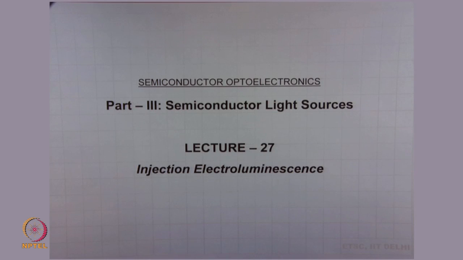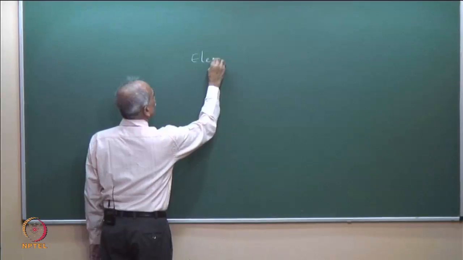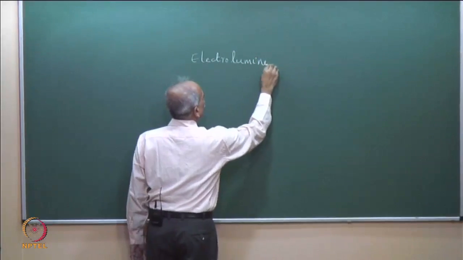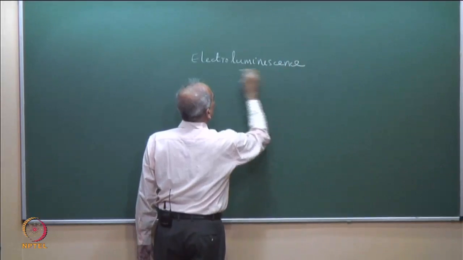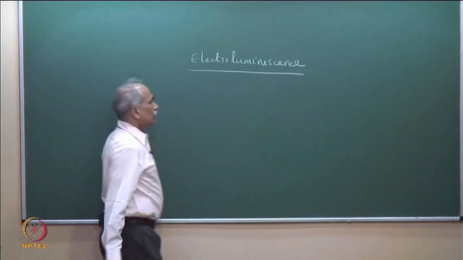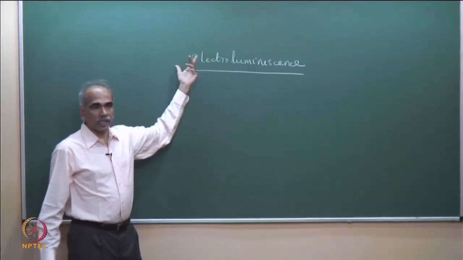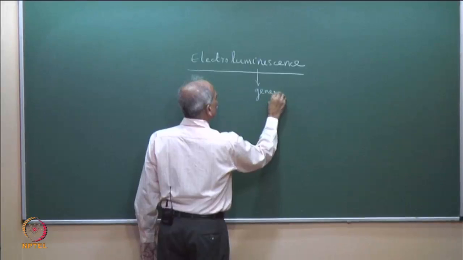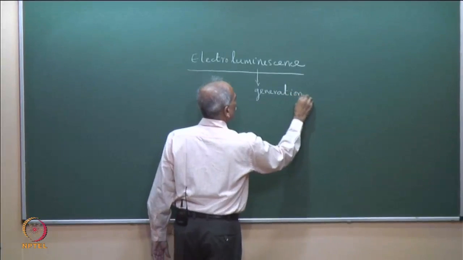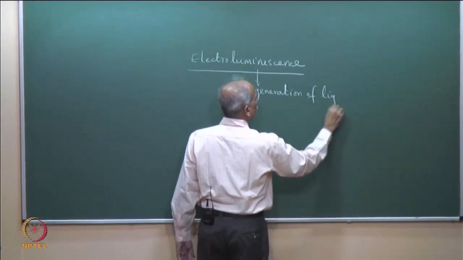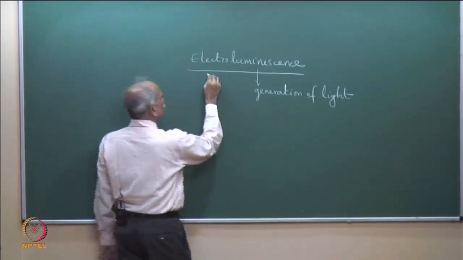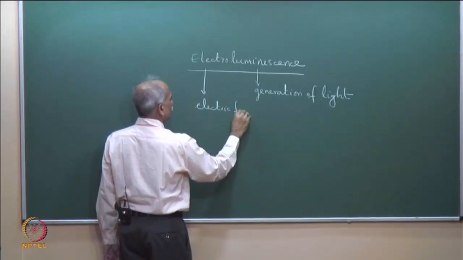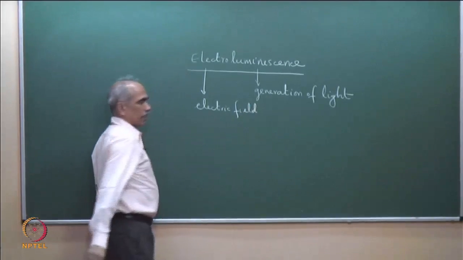Injection electroluminescence. Electroluminescence refers to luminescence, that is, generation of light, in the presence of an electric field.